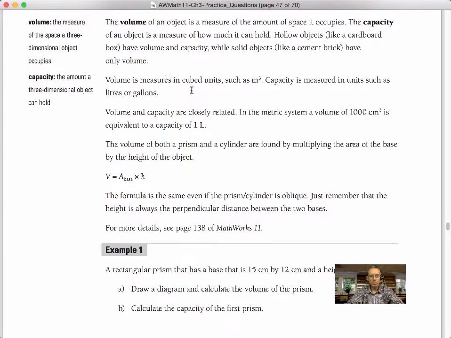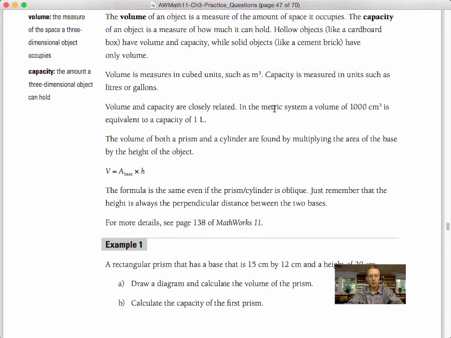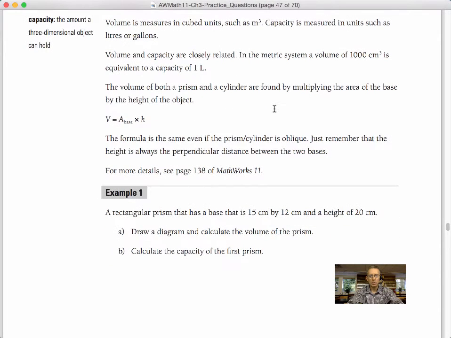Volume is measured in cubed units, such as meters cubed, cubic meters, because when you calculate a volume, it's length times width times height. So many meters times so many meters times so many meters, the units end up being meters cubed. Capacity is measured in units such as liters or gallons.